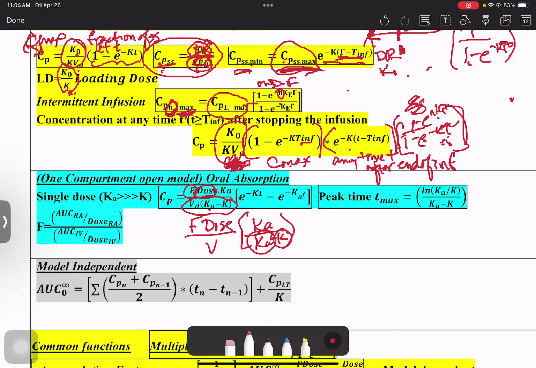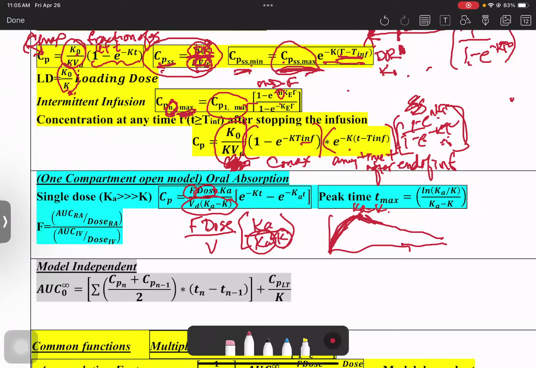So as you're absorbing drug, you're also eliminating it this whole time, right? And then when you get to your T max, Ka is equal to K, so they're both equally important. And then the K of elimination starts to win and the drug starts to decline.